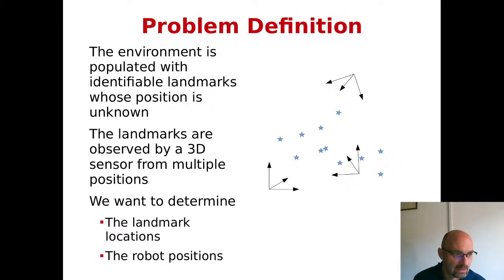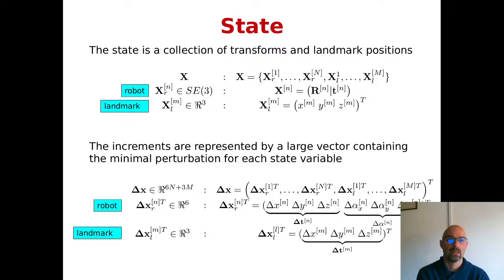The methodology tells, first of all, define the state of the problem. Now, in this case, the state of the problem is a data structure representing a collection of the transforms, because each device, each sensor, has a position in the 3D space that we want to estimate.